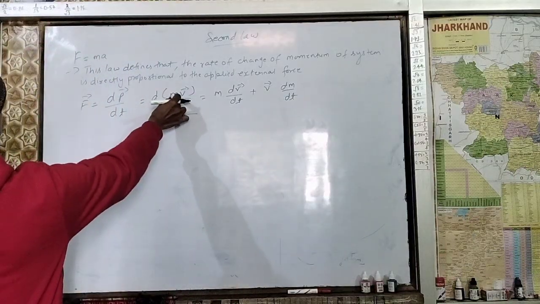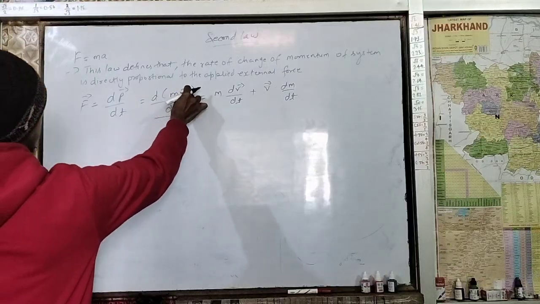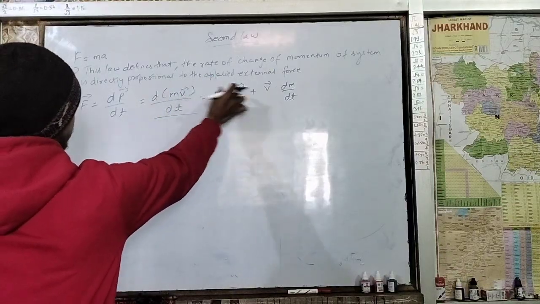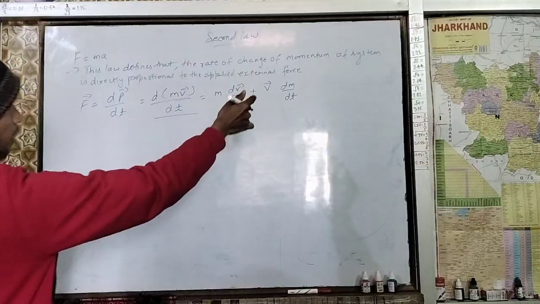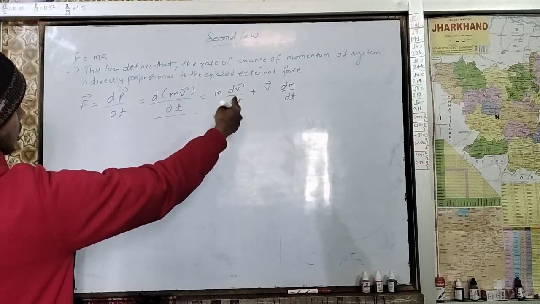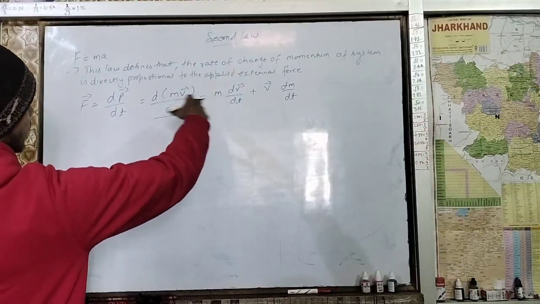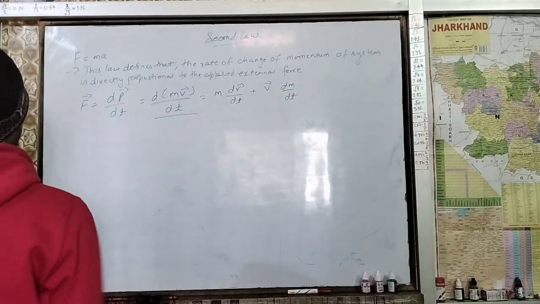This first was outside, and second was differentiated, and then velocity became outside and we differentiate m.